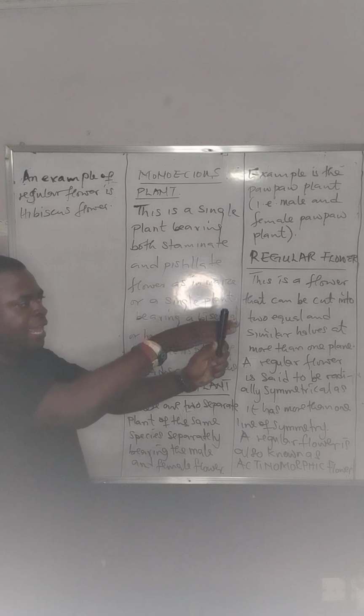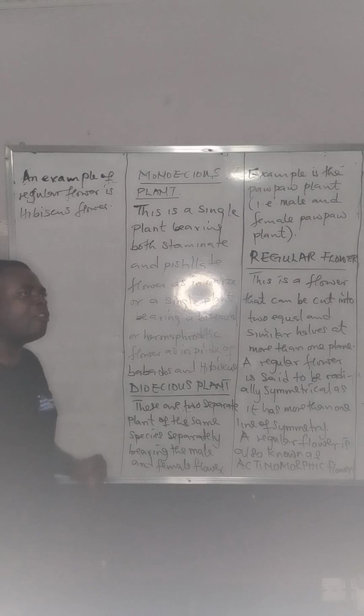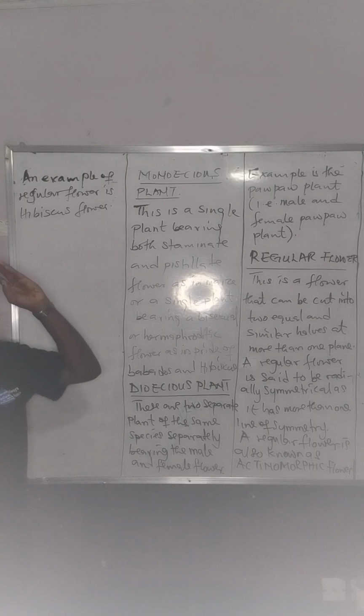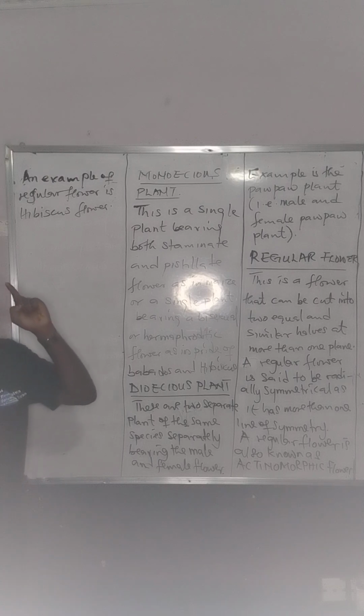This side, if you cut hibiscus like this side will look like this side. If you cut it like this side will look like this. But if you look at Pride of Barbados, you will discover that one of the petals is modified into nectary tube. So if you want to cut it to 2 equal halves, you must target the part that will cut the nectary tube into 2 halves, so that one part will follow one part, the other one will follow the other part, and that is the only line of symmetry. And that is why Pride of Barbados is said to have bilateral symmetry.